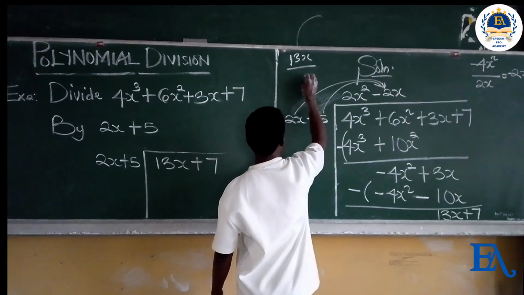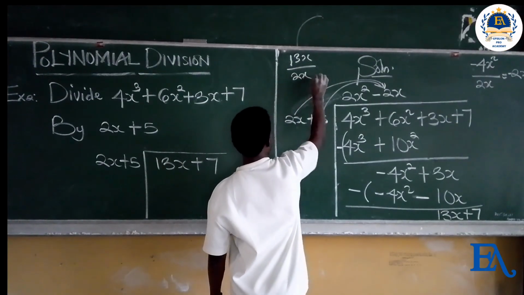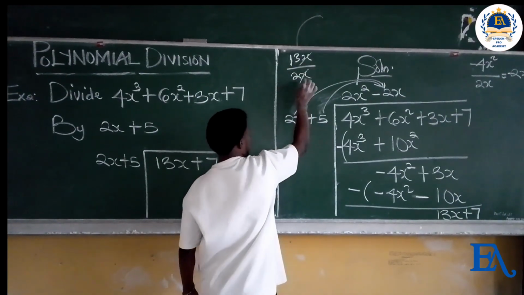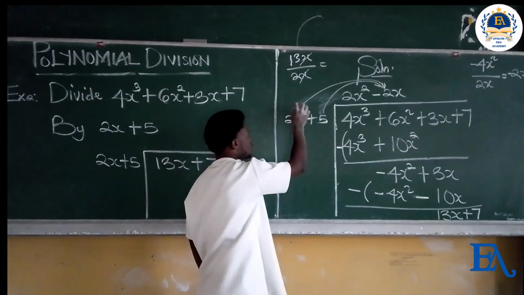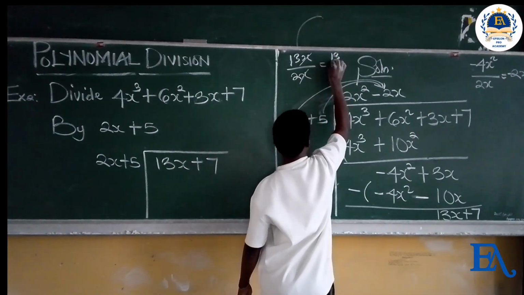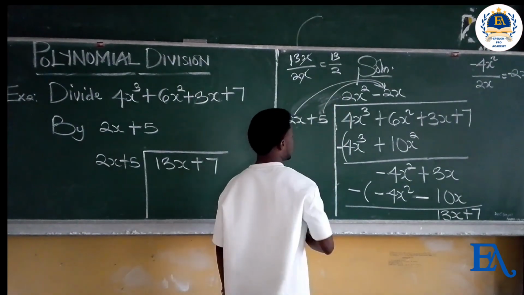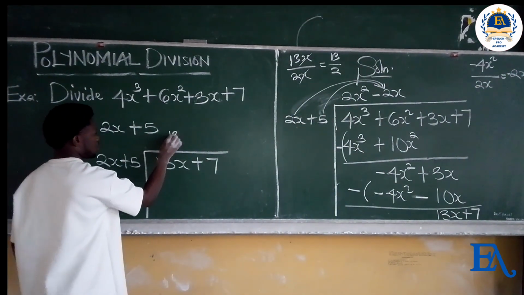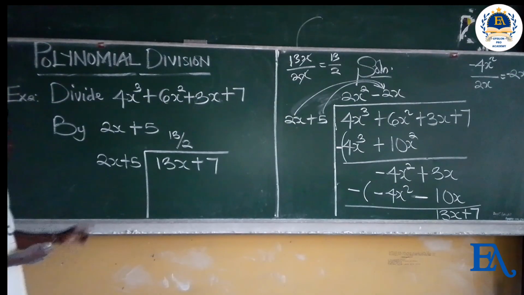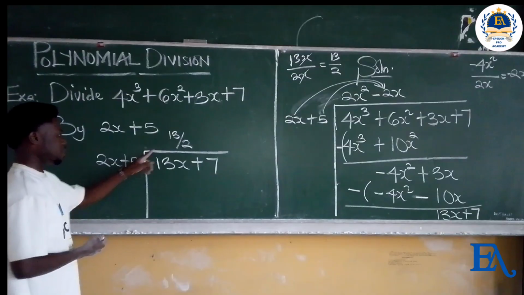13x divided by 2x. x cancels x, and we are left with 13, which cannot be divided by 2, so the result is 13 over 2. Here becomes 13 over 2. Next thing we have to do is to multiply 2x by this.